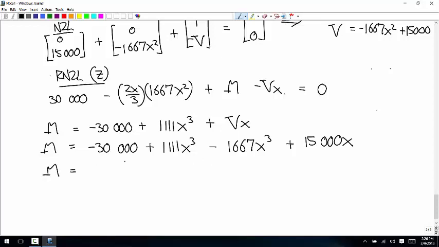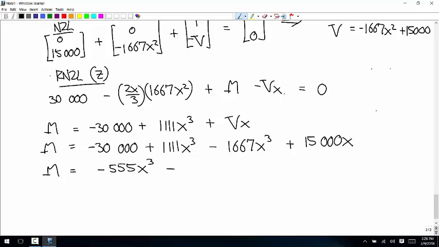So the bending moment is equal to negative 555x³. It's 5, right? Yeah, I'm going with the subtraction here because of that negative sign.